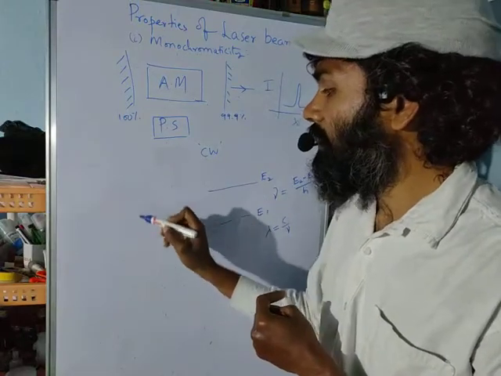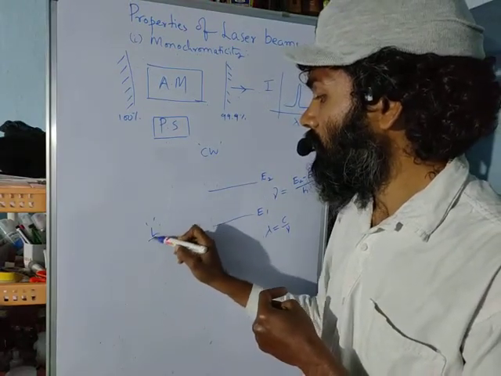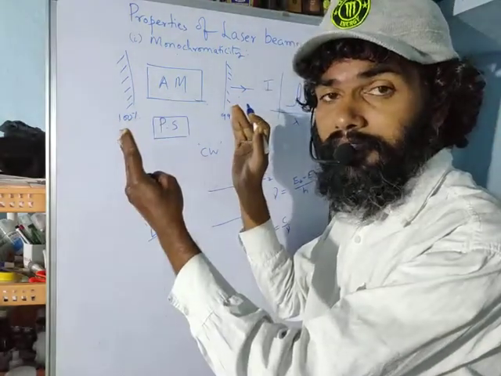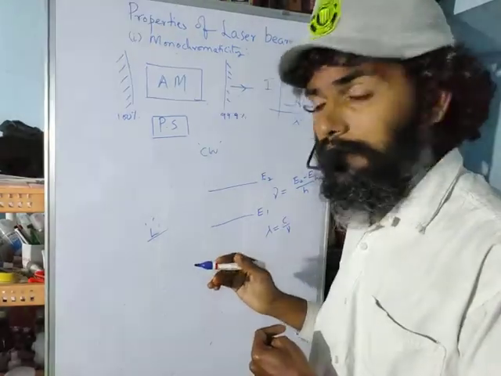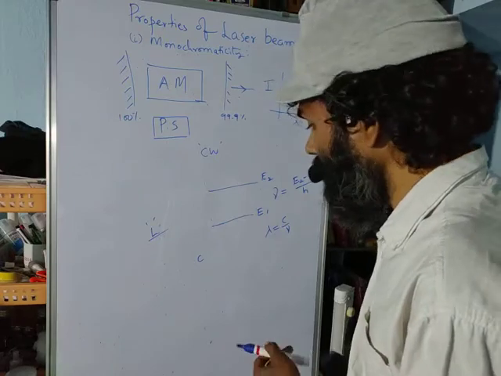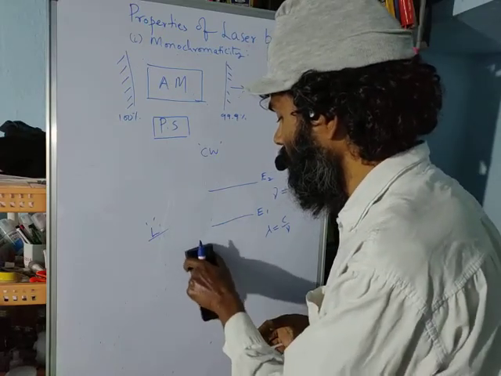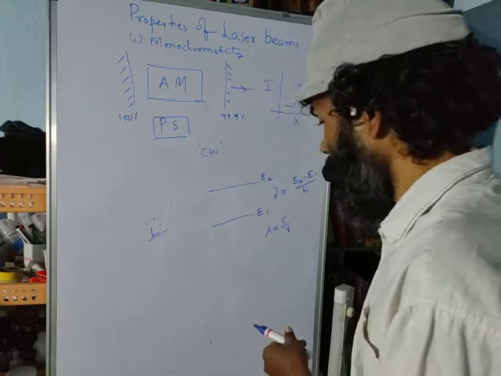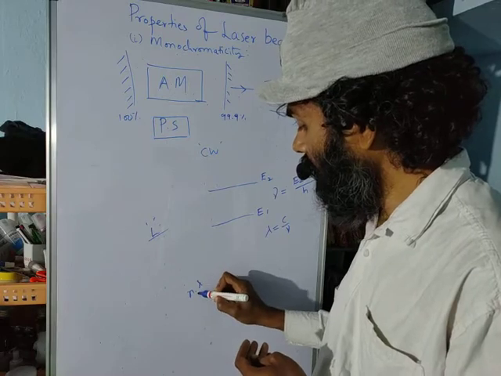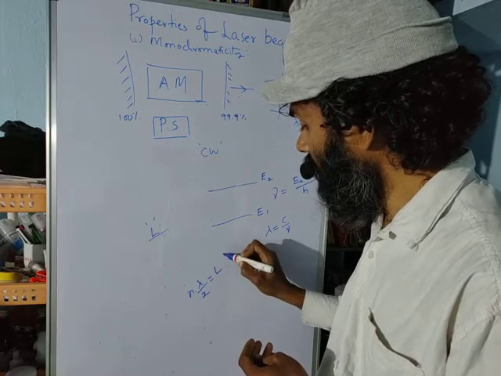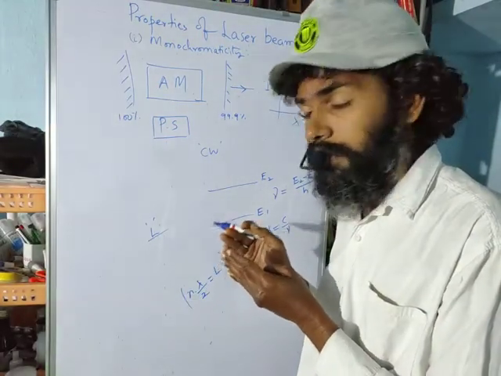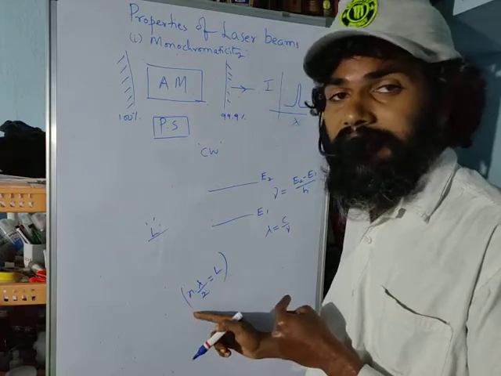If we assume that constant as L, then the laser cavity, as we call this arrangement, will support only the wavelength satisfying the resonance condition: some integer n times lambda by 2 should be equal to L, where lambda is the wavelength of the light inside. For longitudinal mode support, we need this equation satisfied.